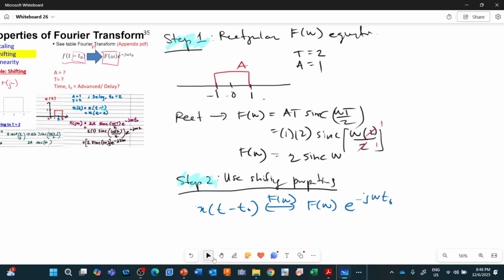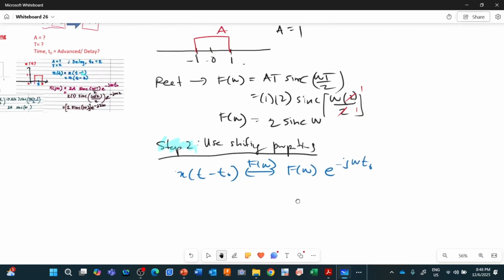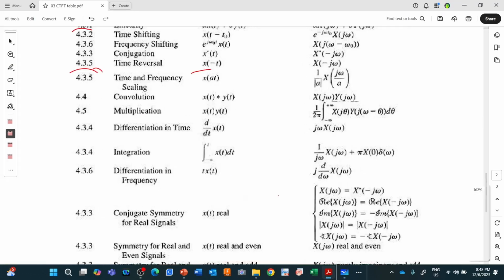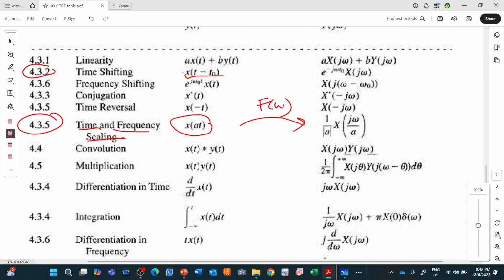So this is the shifting property based on this table.